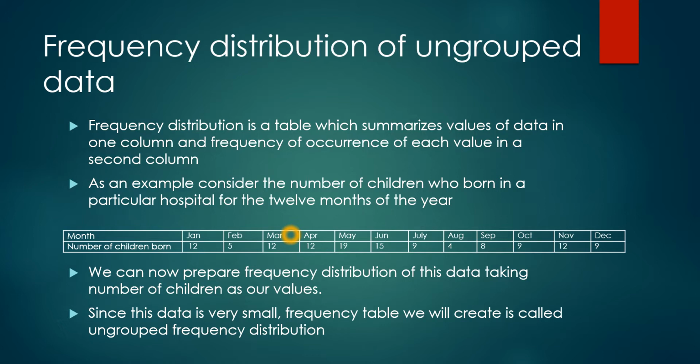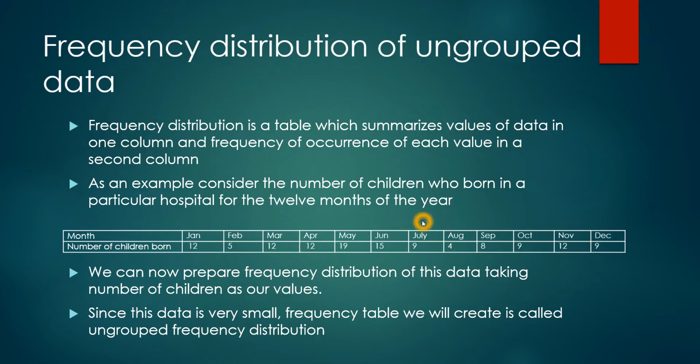So a frequency distribution table is going to help us condense this raw data into a small table such that, for example, we say that in the month of March we have 12 children, and in the month of April we have 12 children. So in this table we can take the values to be the number of children born, and for 12 children we have 2 months.